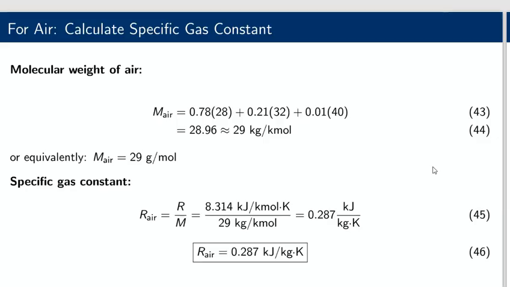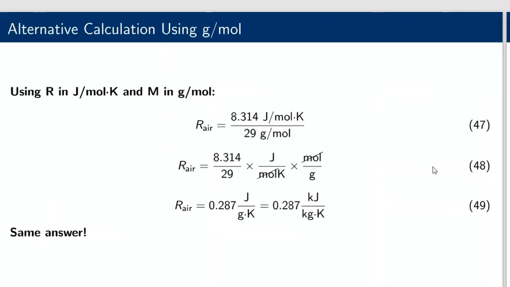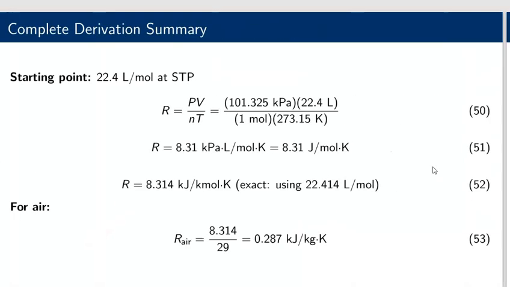Using R in joule per mole Kelvin and M in gram per mole, we also get 0.287 kilojoule per kg Kelvin. Same answer.